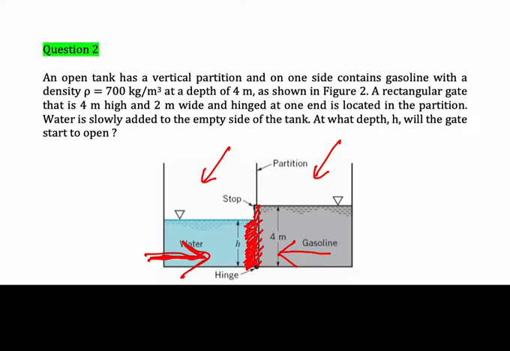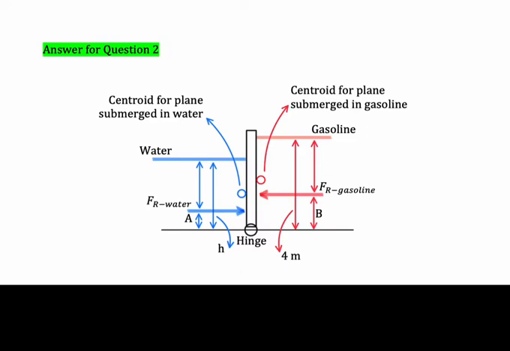And when you calculate the resultant force for gasoline, you consider the submerged area for the gasoline. So even though the gate is the same, we need to refer to the water level or the wetted area for each fluid. So the calculation can be like this.